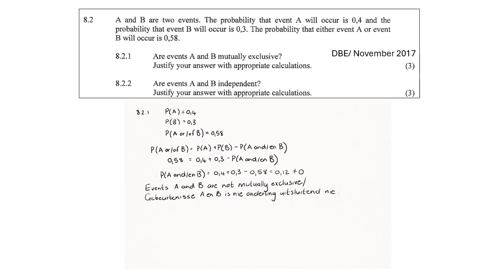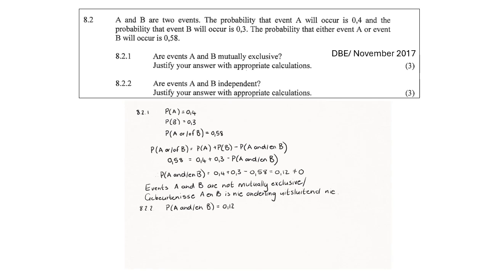Now we need to determine if events A and B are independent. And we do that by determining the probability of A and B and the probability of A multiplied by the probability of B. And if these two answers are equal, events A and B are independent. From the previous question, we know that the probability of A and B is 0.12.